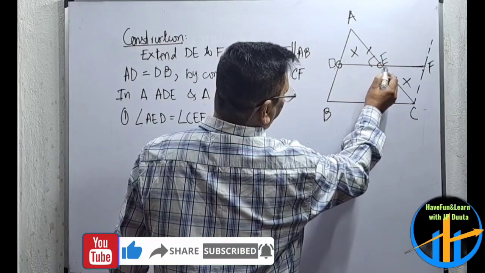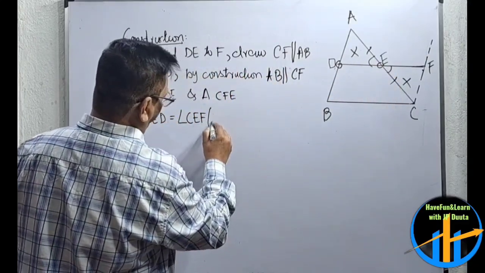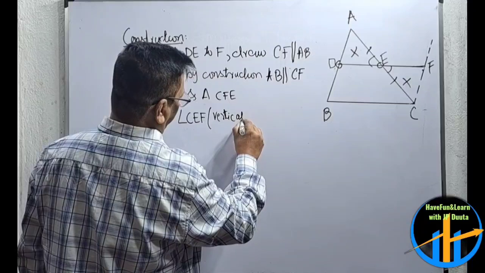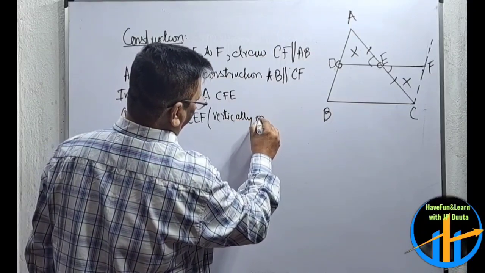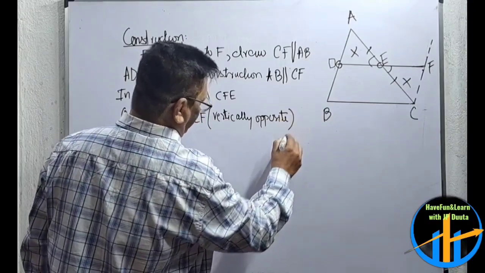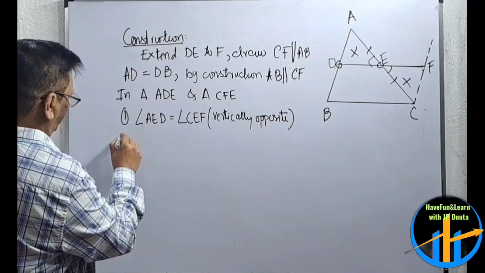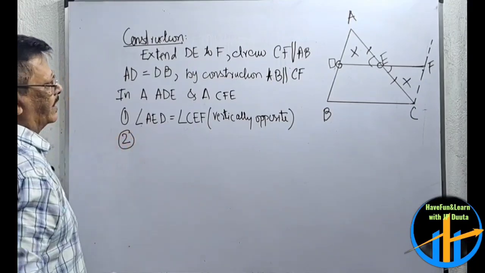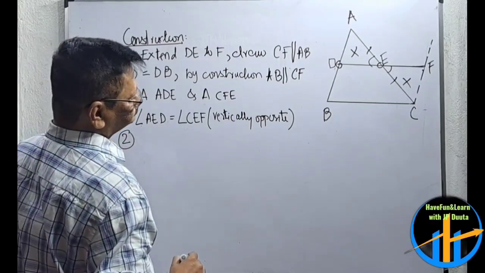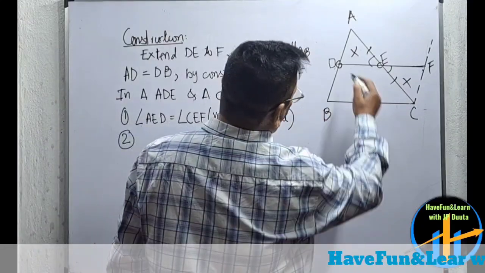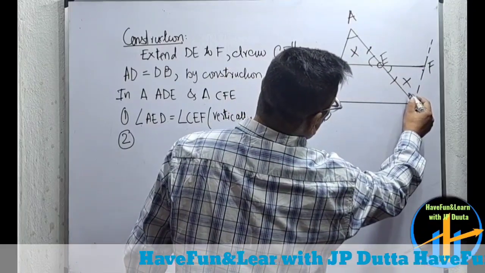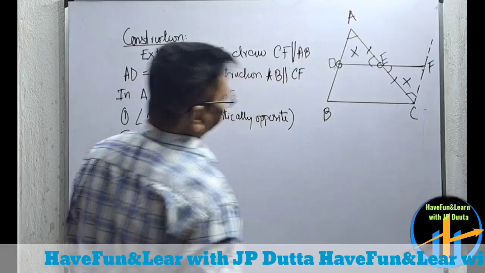These two angles. Why? Vertically opposite. Number two, we can write angle ADE. These two lines are parallel, so this angle will be equal to this angle, right?